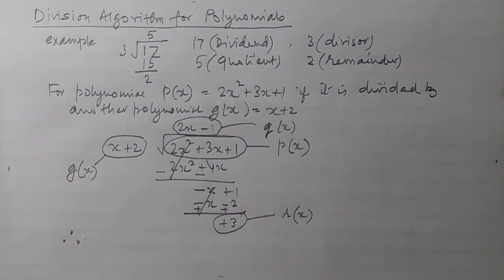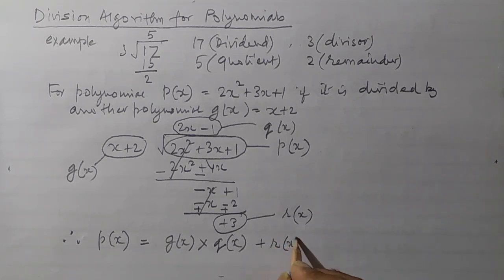Therefore, p of x, the dividend polynomial, is equal to g of x, meaning the divisor polynomial, multiplied by the quotient q of x plus the remainder polynomial.